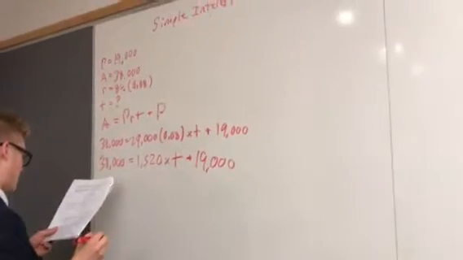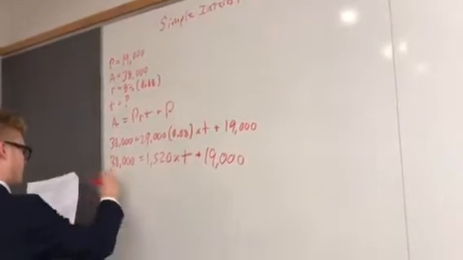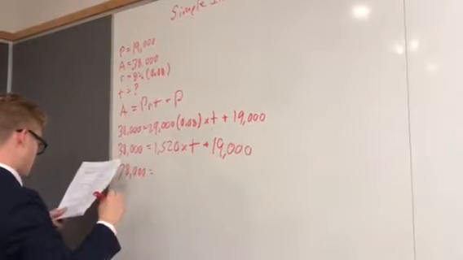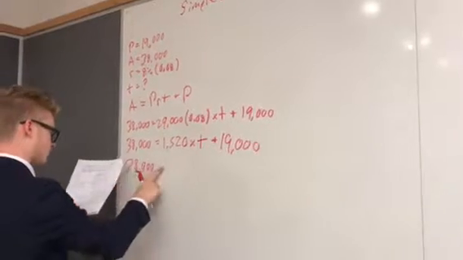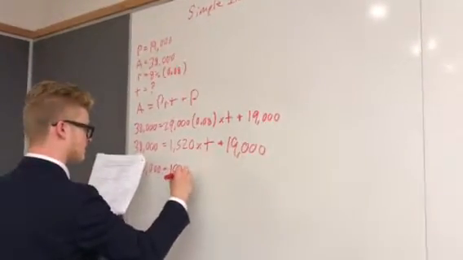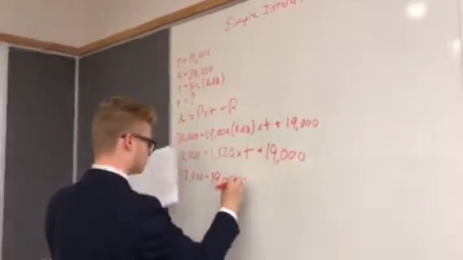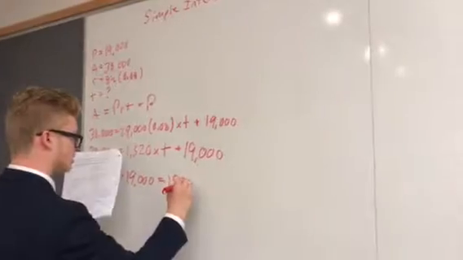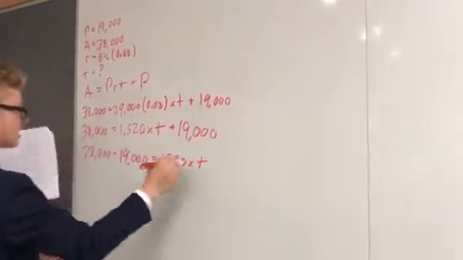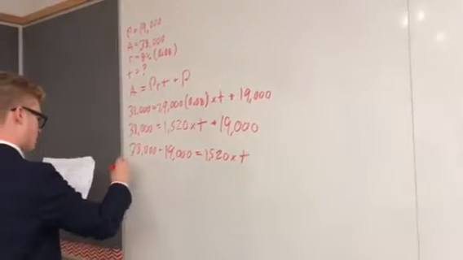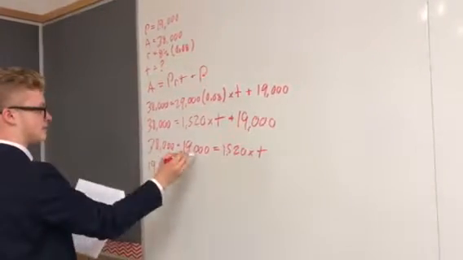And then the next line will be 38,000 once again, because that's your original value. 38,000 minus 19,000 equals 1,520 times T. So you want to isolate that so you get your value of this. And so this will obviously be 19,000, because that being doubled to that.